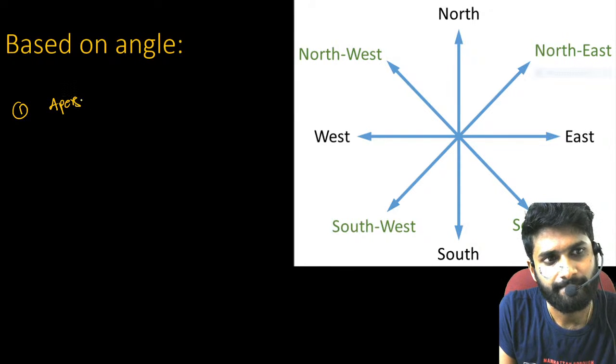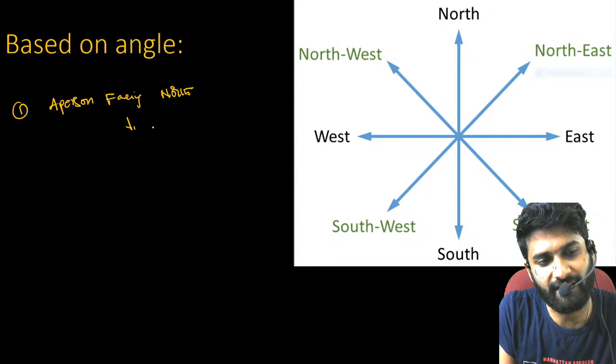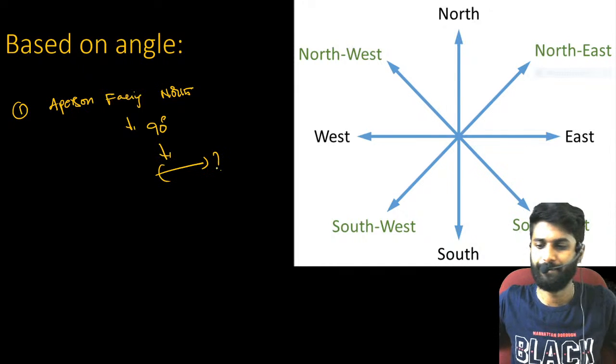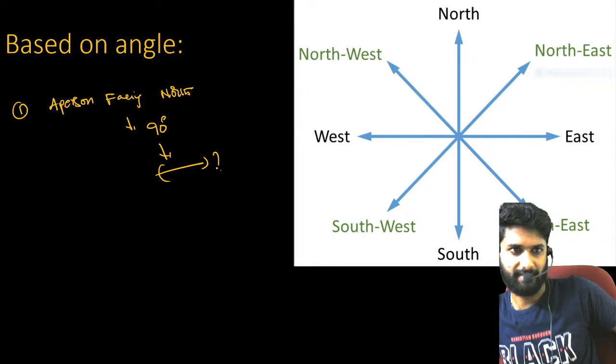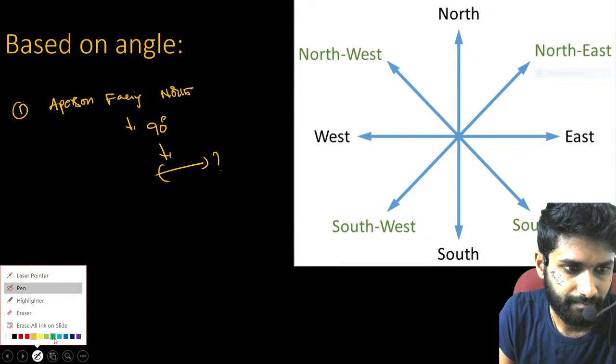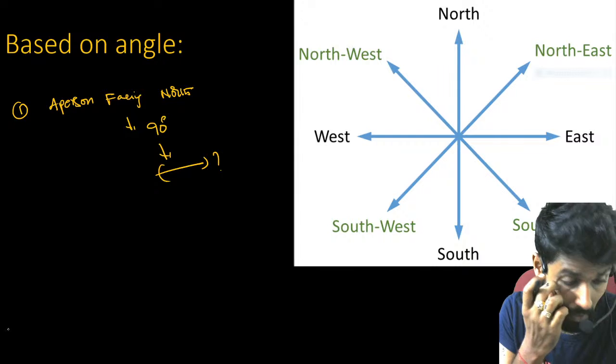A person facing north initially turns 90 degrees. Which direction is he facing now? If he turns 90 degrees, which direction is he facing? Give me the answer. Now see that.